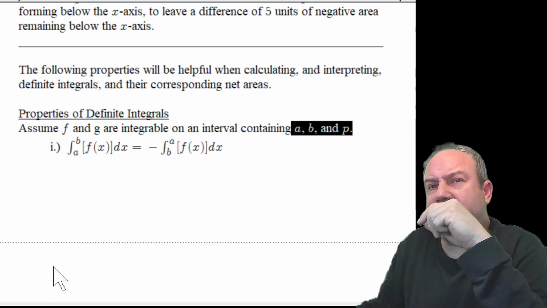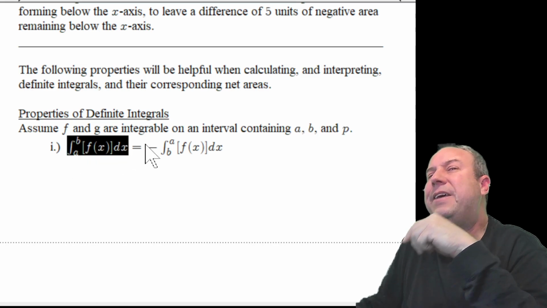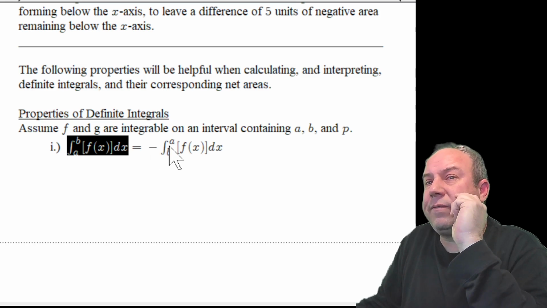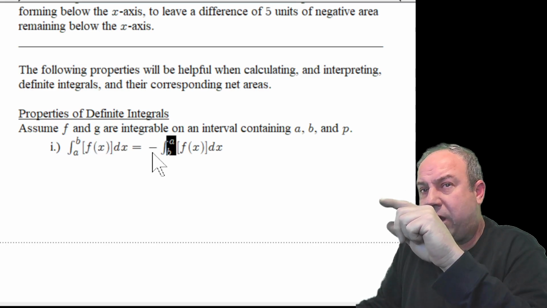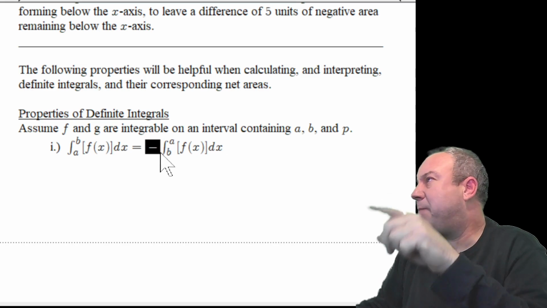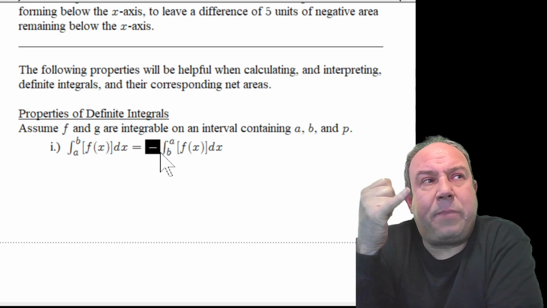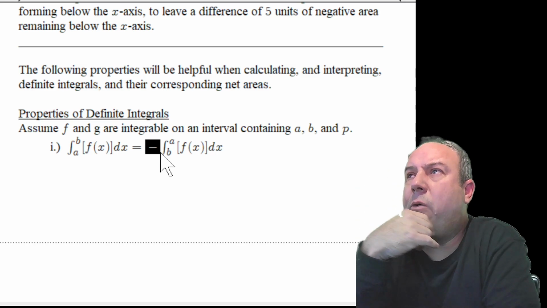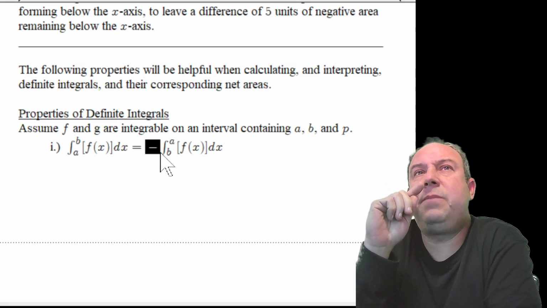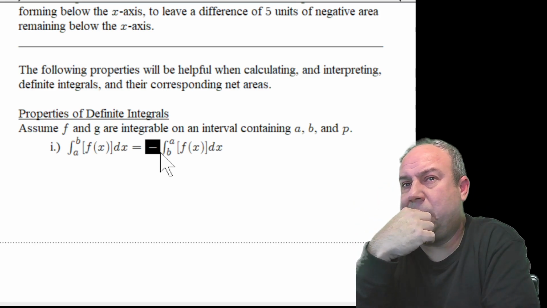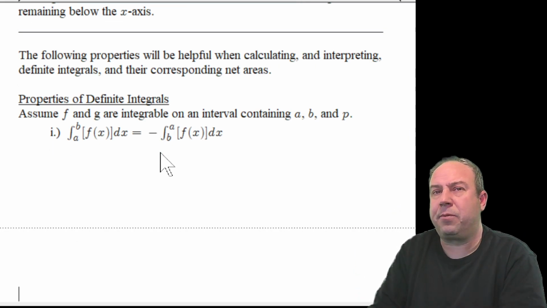Well, first things first, if we perform a definite integral calculation from a to b for f of x dx, we can actually reverse the order of those bounds on our limits of integration if we take the opposite of our calculation. Order of the boundaries on our integration can always be reversed if the calculation becomes its opposite. All right? That's going to become a useful property to us.